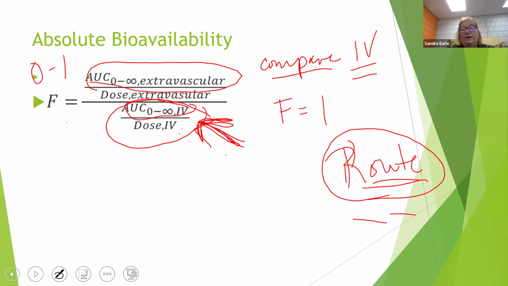So this could be any other way, whether we give it sublingual, oral, on the skin, any other route. We measure the area under the curve for that other route, and make sure we reference it to the dose. Obviously, if you give double the oral dose that you give the IV, you're going to expect to have double the area under the curve. So we have to correct for whatever the dose is. Okay, so this is how we figure out absolute bioavailability.